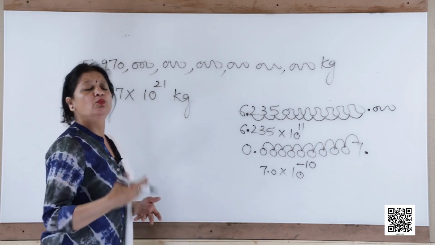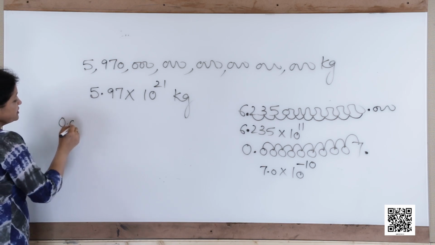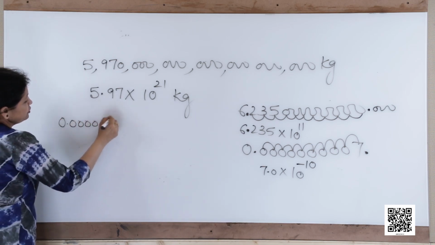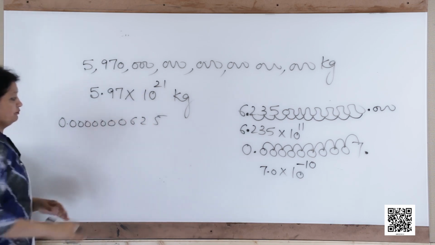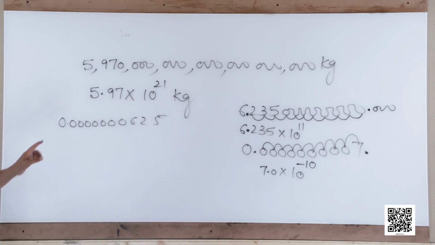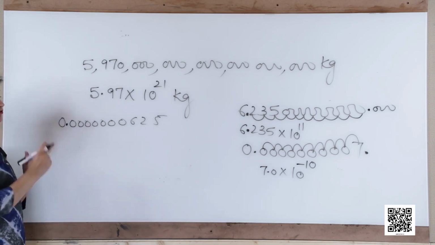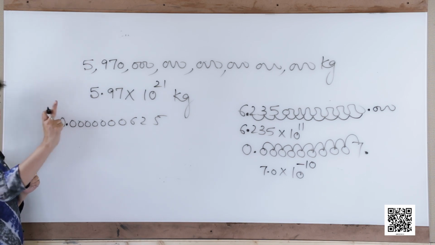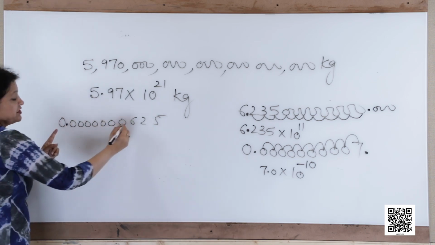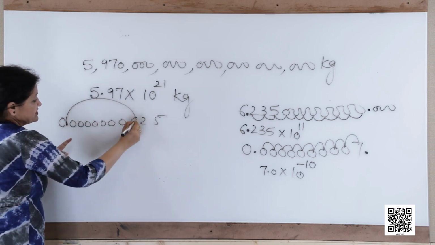Let's take one more example. We have 0.0000000625. They said to write the answer in standard form. Now, the decimal is here, and we need standard form, so after the first number you have to shift the decimal. Your first natural number starts here, 6, so you shift your decimal here.